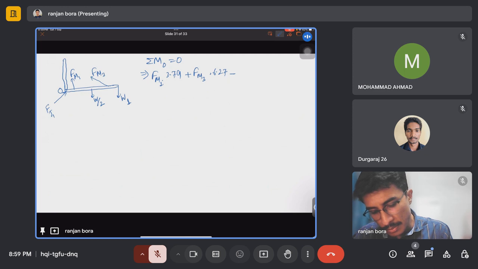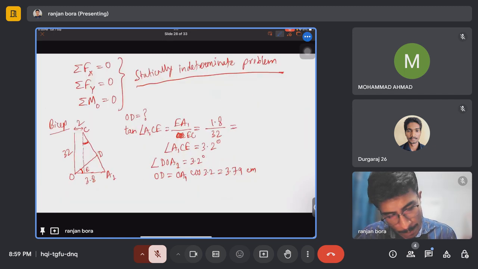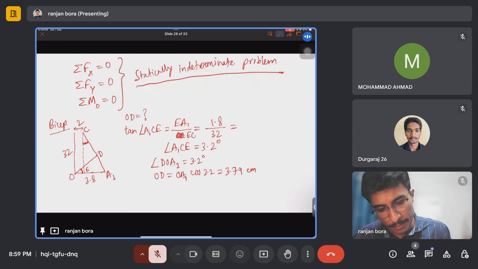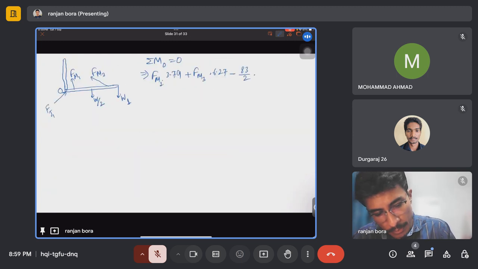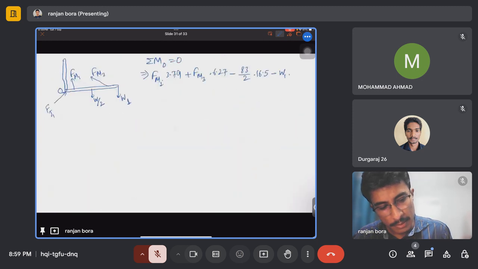Next, this W by 2 is producing clockwise, so we are taking it as negative. This was 83 by 2, and at what distance was it acting? It is 16.5, and W1 is unknown, it is acting at 37.